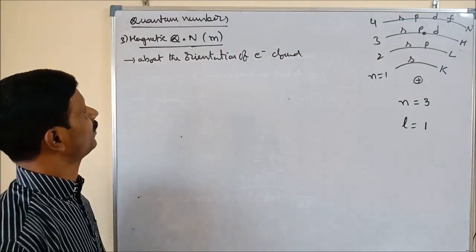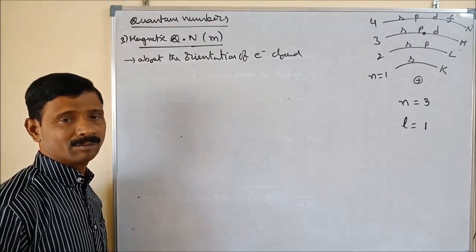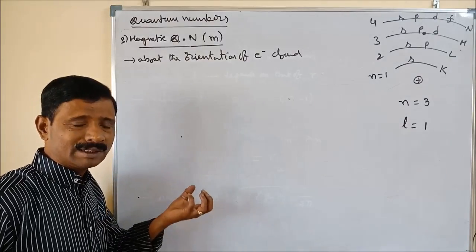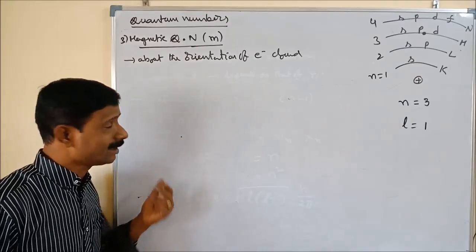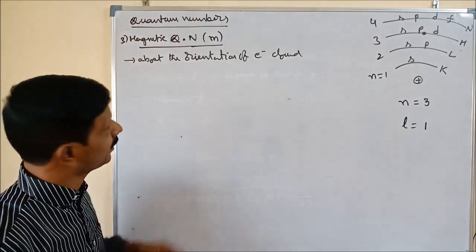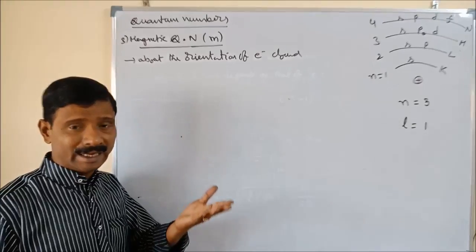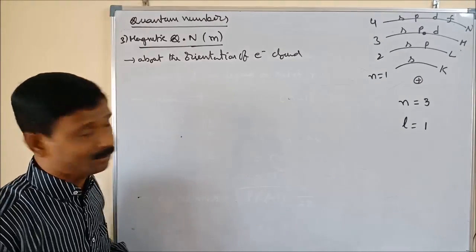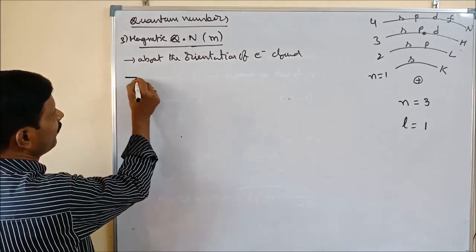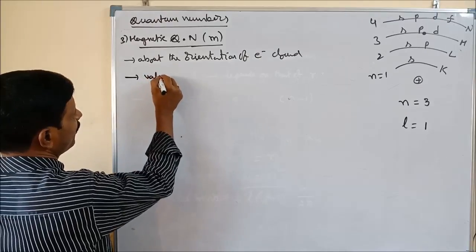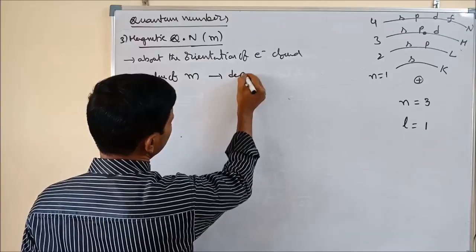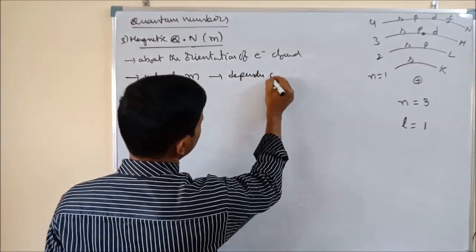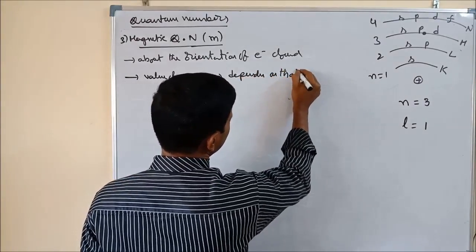That is what we call magnetic quantum number. Means the quantum number which gives an idea about the orientation of the electronic cloud is known as magnetic quantum number, and that was introduced by Landé and represented by m. And now if you observe the values here, values of m depend on l.